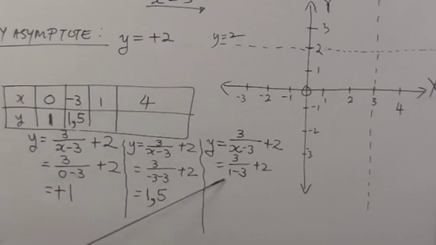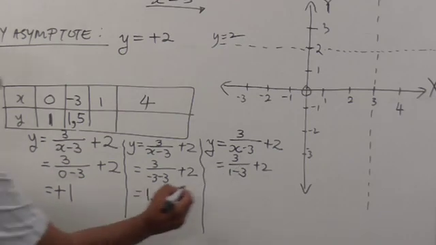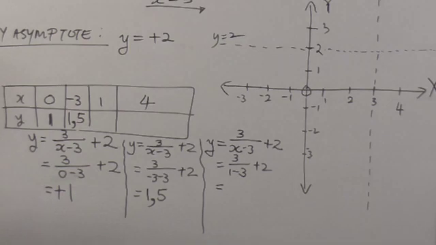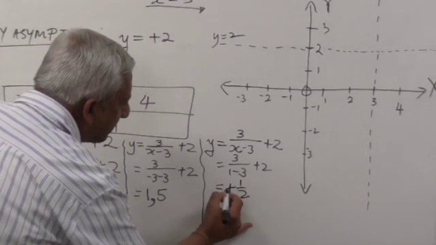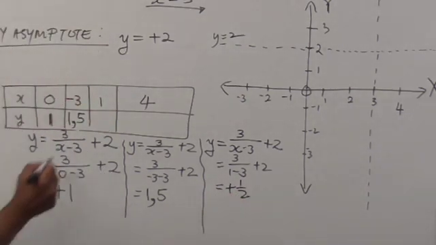So where there is x, you write 1. So it's 3 over 1 minus 3 plus 2. And you put that in your calculator. And you'll get minus 1.5 plus 2. This will become minus 1.5. 3 over negative 2. Yeah, minus 1.5 plus 2. The final answer will be plus half. Alright, so we got half.